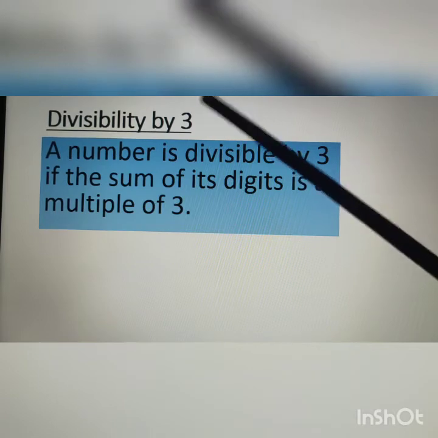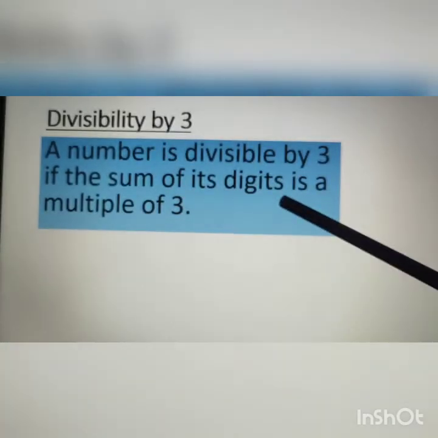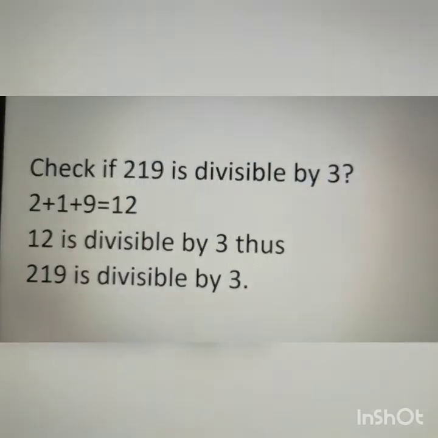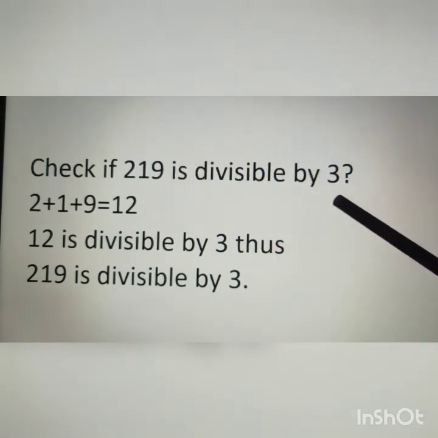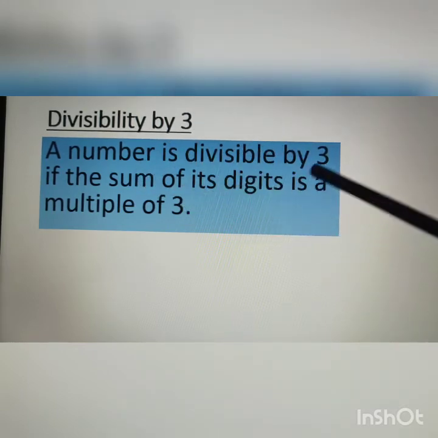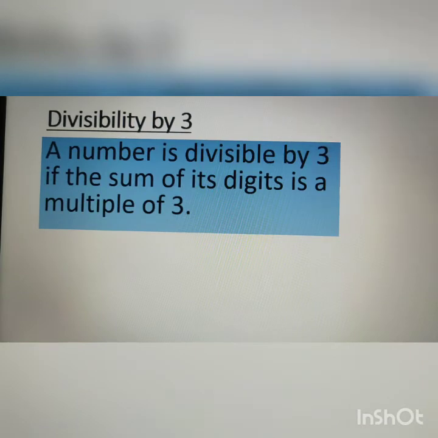Divisibility rule of 3. A number is divisible by 3 if the sum of its digits is a multiple of 3. Let us see an example. Check if 219 is divisible by 3. The divisibility rule of 3 is if the sum of its digits is a multiple of 3, then it is divisible by 3.